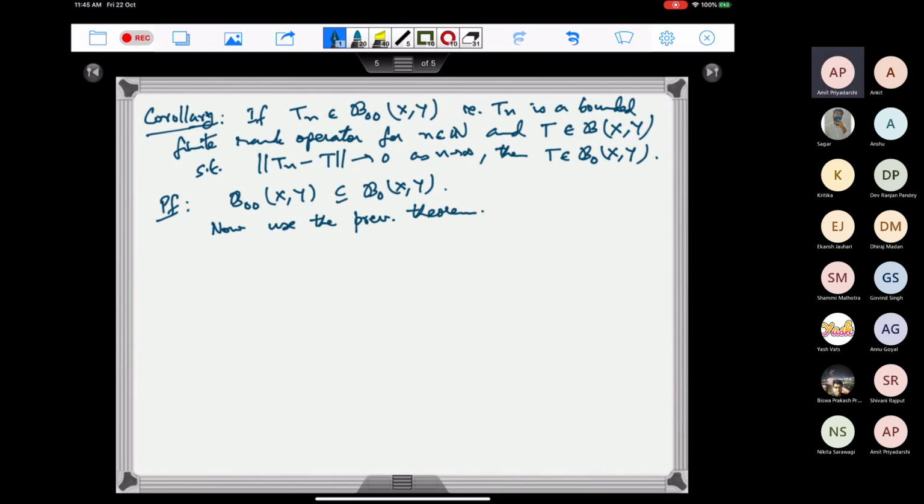So the question is, is it true that every compact operator is a limit of finite rank operators? I'll write this as a question.